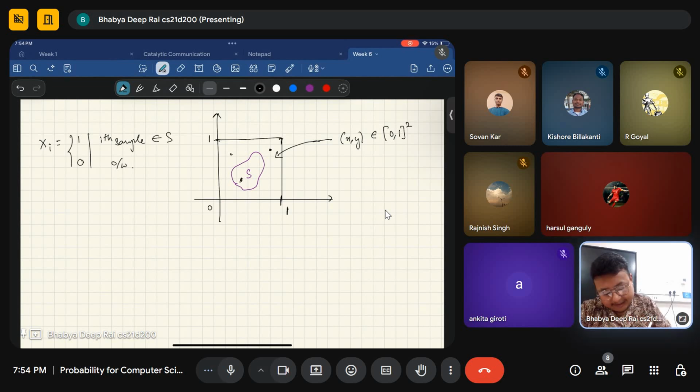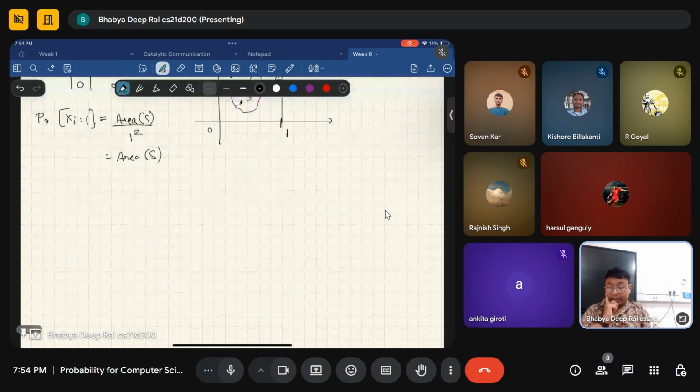And the next thing I notice is that the probability of xi equals 1 is, as we saw, the area of S divided by 1 square, which is the area of S.